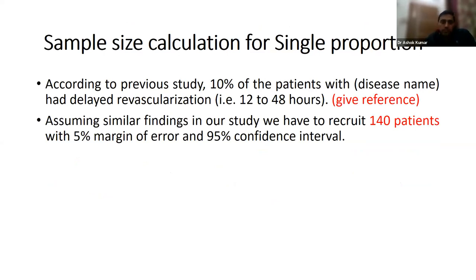According to the previous study, because the researcher finds a previous study which may have been conducted in another part of the country or outside of this country, 10% of the patients with, you can give the disease name or condition name, for example, patients with TB, glaucoma, whatever, had delayed revascularization.